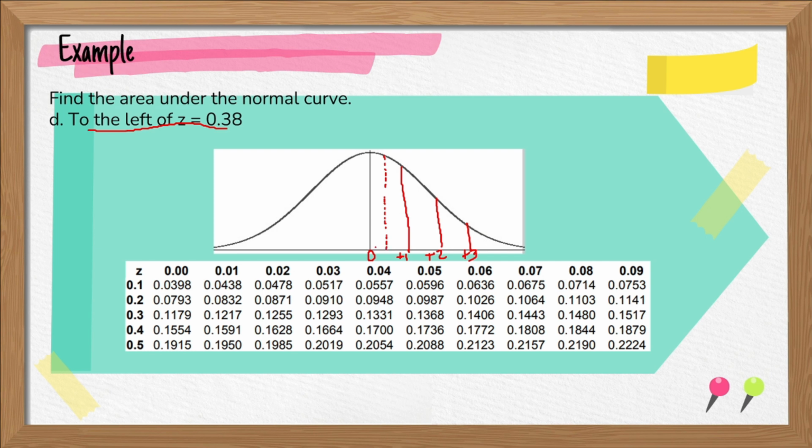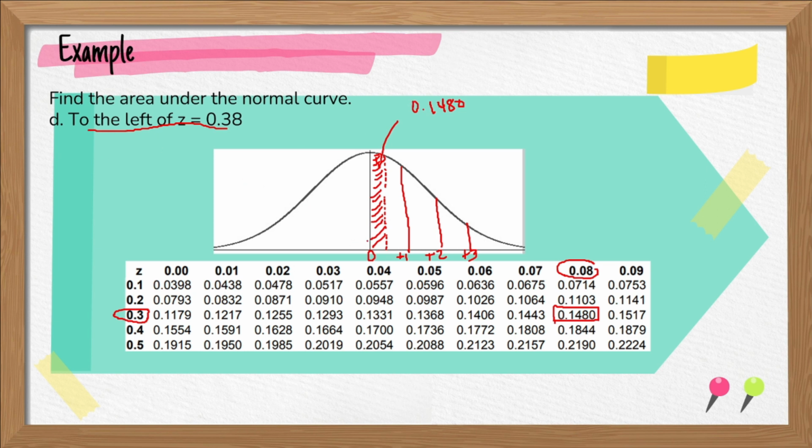So, kunin natin yung area ni 0.38. Yan, yung shaded na yan. So, sa Z-table, si 0.38, so 0.3, and 0.08. So, yung itatapat nila ay 0.1480. So, ang area nitong shaded part ay 0.1480.